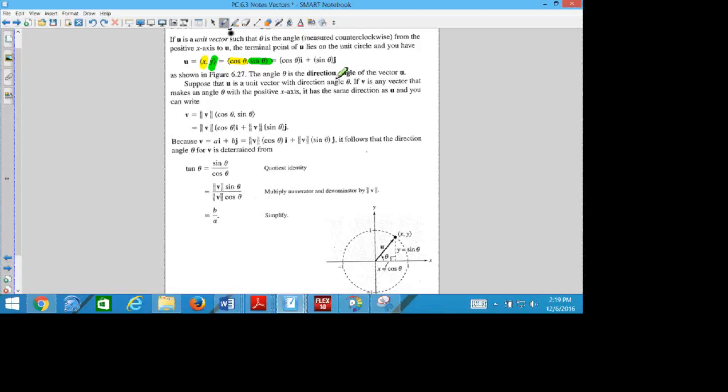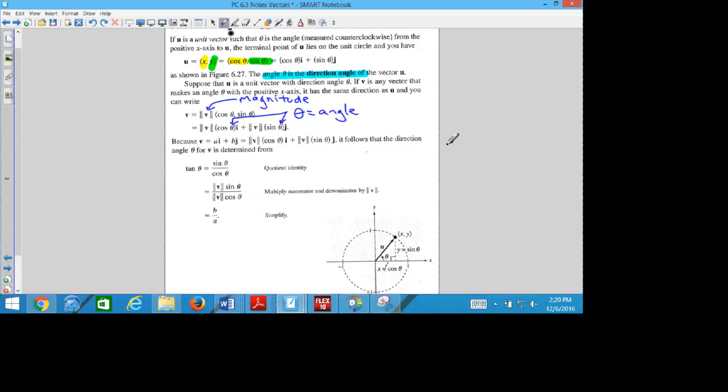The angle theta is called the direction angle of the vector. Then it goes through here and shows you how we can use this to solve for things, but what you really want to see is that the norm of v, in those double lines, is the magnitude, and theta is the angle.